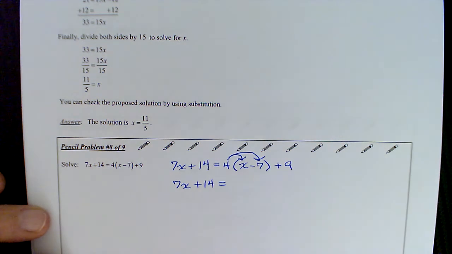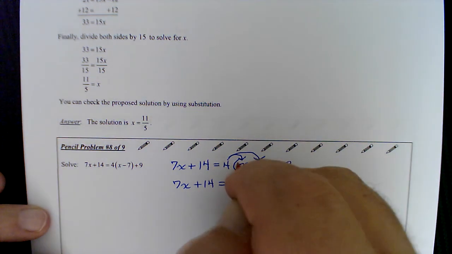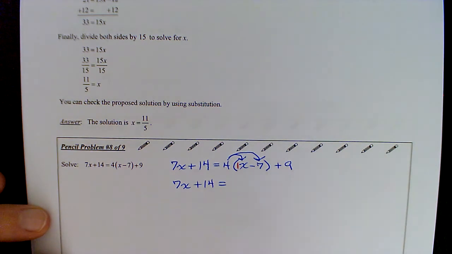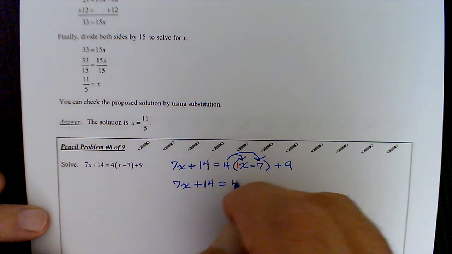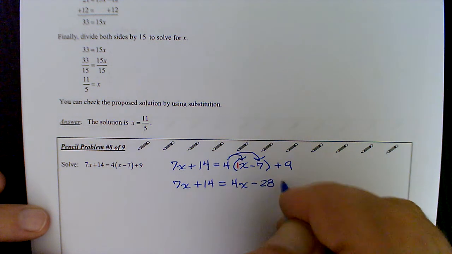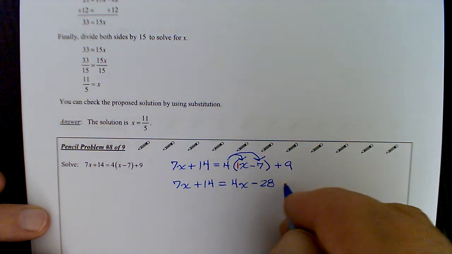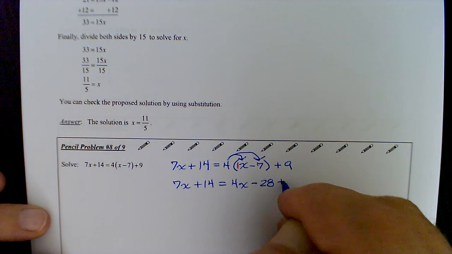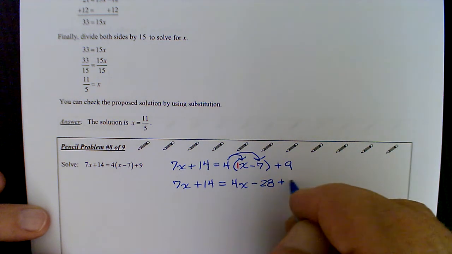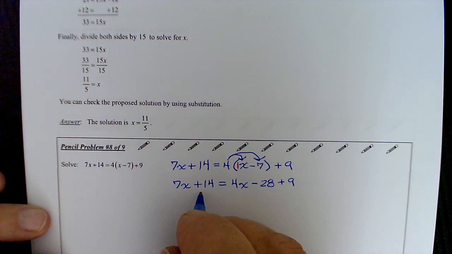So 4 times x, that's a 1x. You could slide a little 1 in there if you like. And that gives us 4x. And then 4 times negative 7 is negative 28. Now the closure of the parentheses stops the distribution of the 4, so we just recopy plus 9. Now, on the left we see two things, two terms.